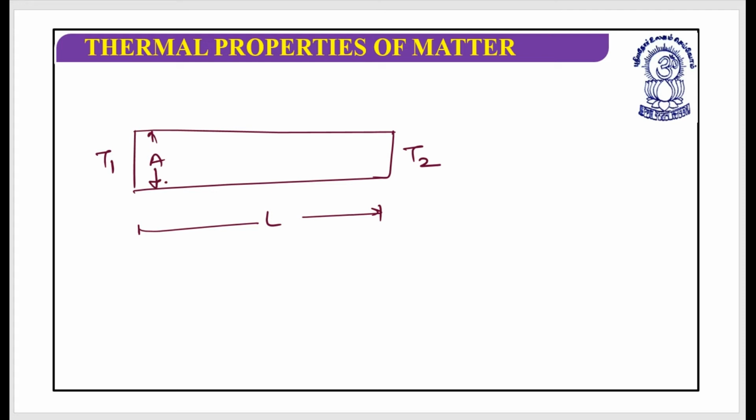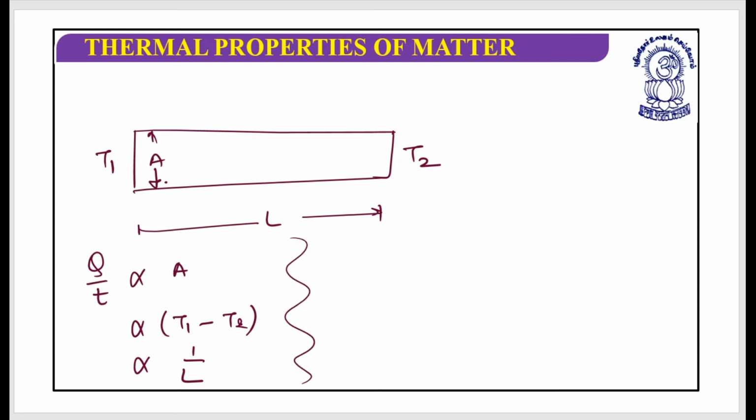The amount of heat energy being passed, which we call Q by t, is directly proportional to the cross-sectional area, directly proportional to the temperature difference, and inversely proportional to 1 by L, the length of the conductor. If I replace this with the proportionality symbol, it can be written as Q by t equals K into A into (T1 minus T2) divided by L.